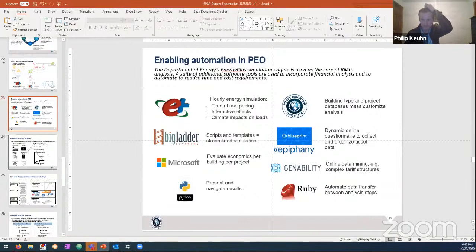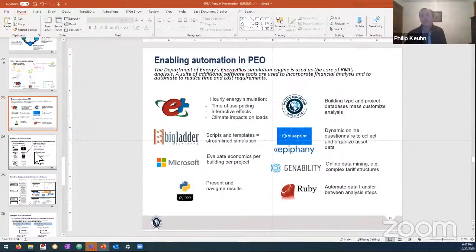Blueprint is an organization out of the University of California, Berkeley, in their computer science department, and we worked with them to develop a dynamic questionnaire that we thought would be more powerful to collect the amount of information we need, because we're aiming to collect enough information from building owners in a remote way for a whole portfolio of models. It's a pretty big request from the building owners, and the work with Blueprint was to streamline that.